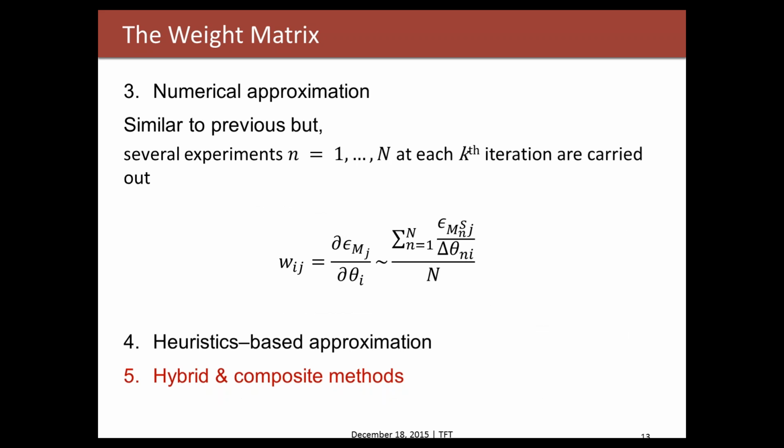A third way, and it's very similar to the previous one, is the numerical approximation, where at each iteration of our algorithm, besides doing a replication for a given OD, we have to run multiple replications.